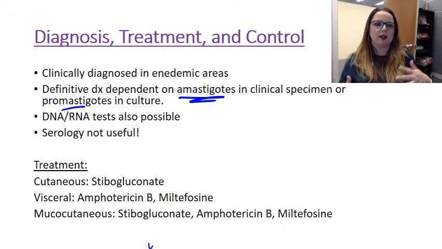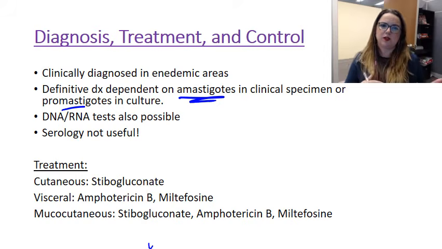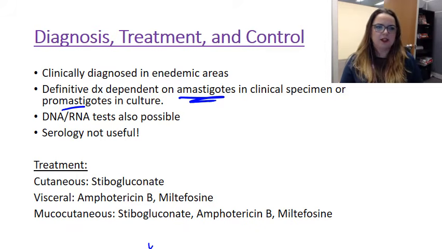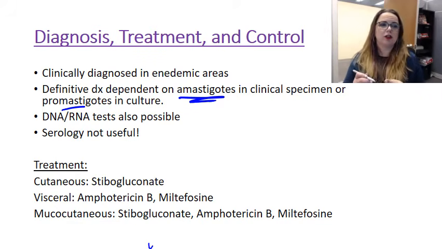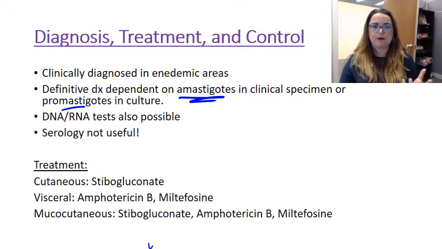You can do this by looking at properly stained smears from touch preparation or ulcer biopsy specimens. You can also do culture of ulcer tissue to determine diagnosis of cutaneous and mucocutaneous leishmaniasis. Specimens for visceral leishmaniasis include things like splenic puncture, lymph node aspirates, liver biopsy, buffy coat preparations of venous blood.